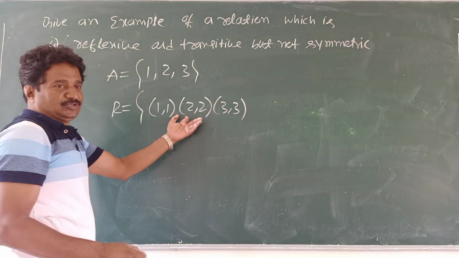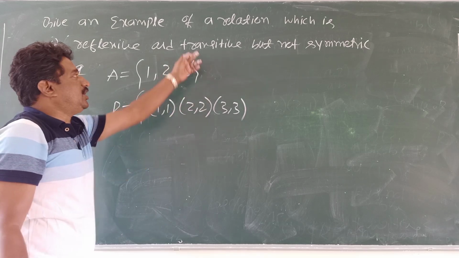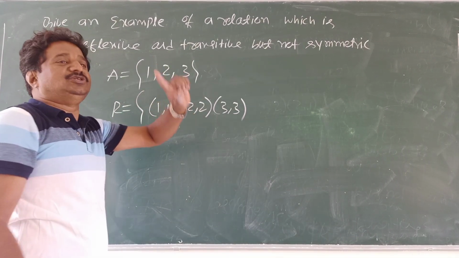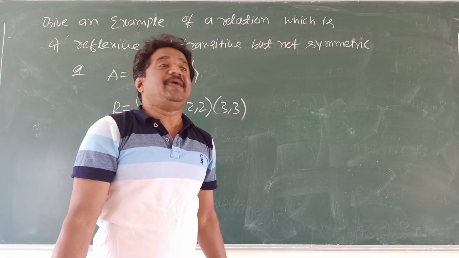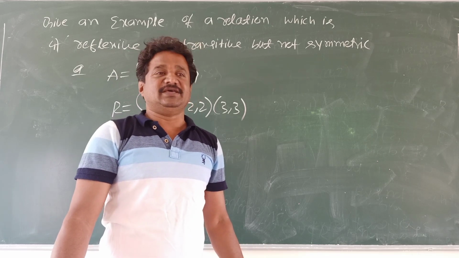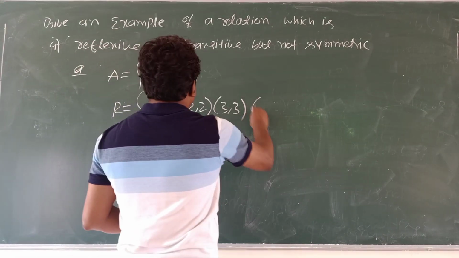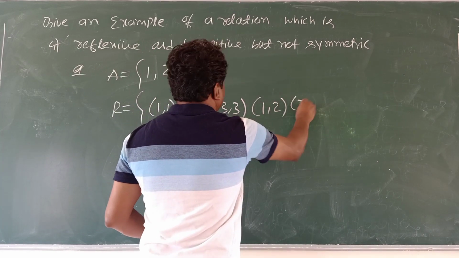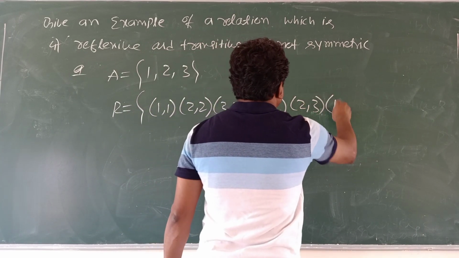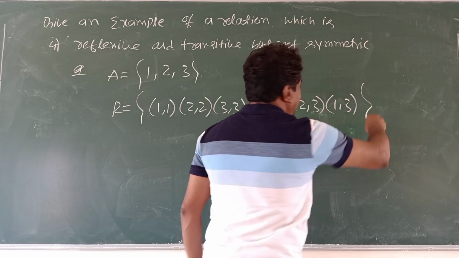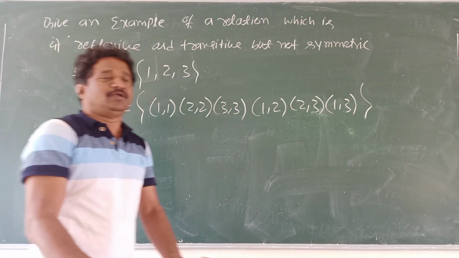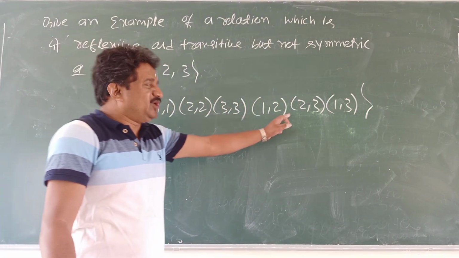Now it is reflexive. To make it transitive, you should add (a, b), (b, c), (a, c). Write all that: (1, 2), (2, 3). In addition to this, you add (1, 3). Enough. No need to crush your brains much.